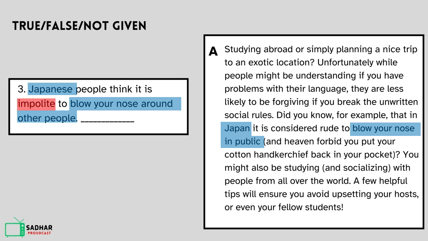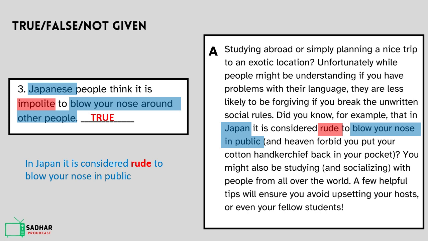And then we have the word impolite, and in this case, in the sentence, we have the word rude. So impolite means rude. So the answer to number 3 is true. So in Japan, it is considered rude to blow your nose in public.